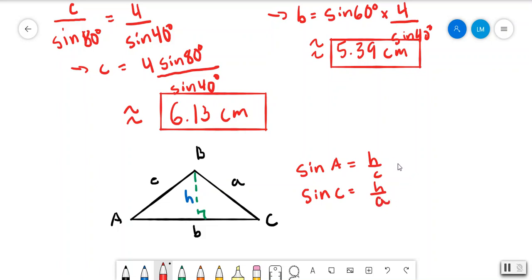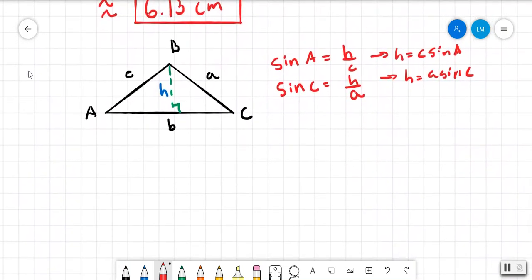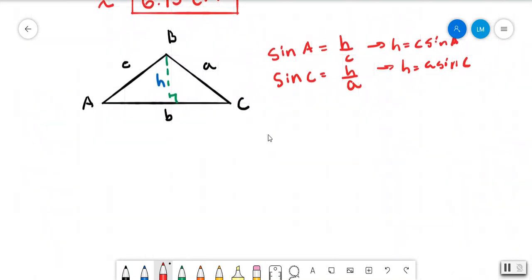Now, if we look at this, we know that h equals c sine of A, and we also know that h equals a sine of C. But notice that both of these are equal to h.